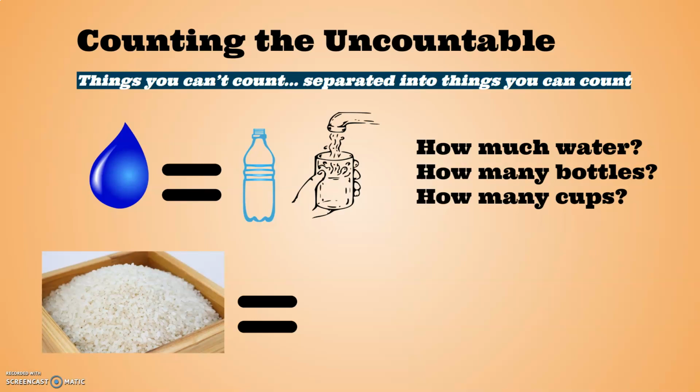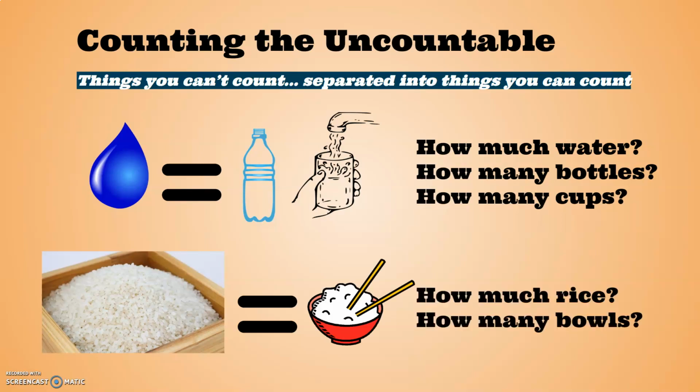We'd say, how much rice? But we can put rice into bowls, and we can count the bowls. So we would say, how much rice? How many bowls of rice? Okay, so counting the uncountable, separating uncountable nouns into objects that are countable.